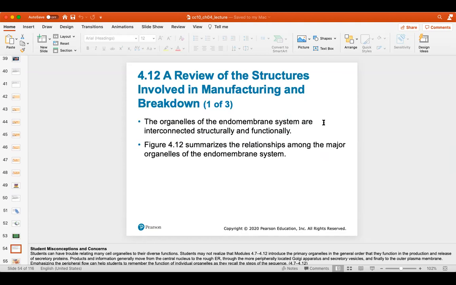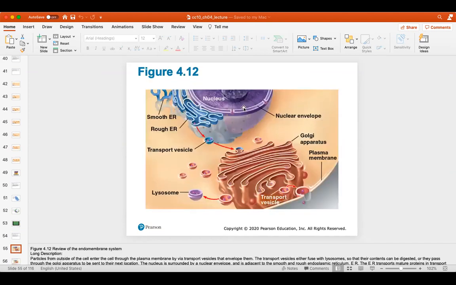The organelles of the endomembrane in review are interconnected structurally and functionally. We'll show a figure here that will summarize all the relationships among the major organelles of the endomembrane system. So here's a look again. We see the nucleus, the nuclear envelope with pores, where all that genetic material will pass through and be connected to ribosomes, which will be found on the rough ER.